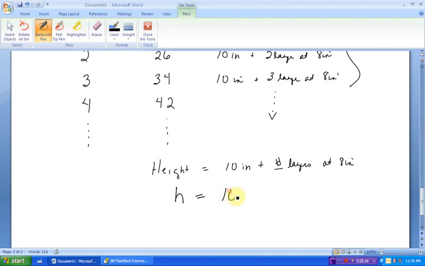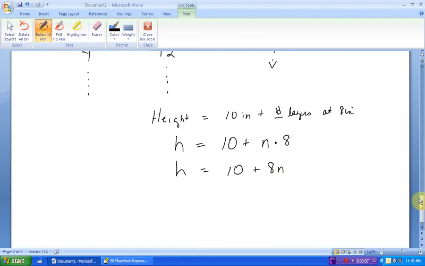We're going to multiply it times 8. And usually, you see the 8 written before the n, the number first. If we put it like this, or we put our variable term first, we have an equation. We just wrote the equation for the height of that wall.